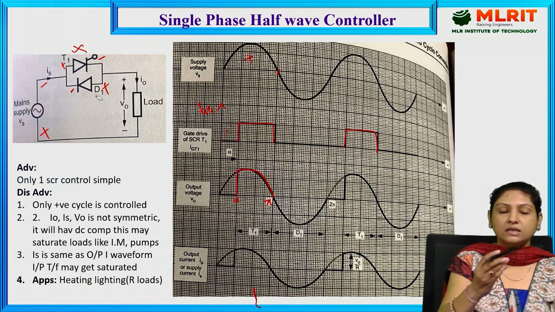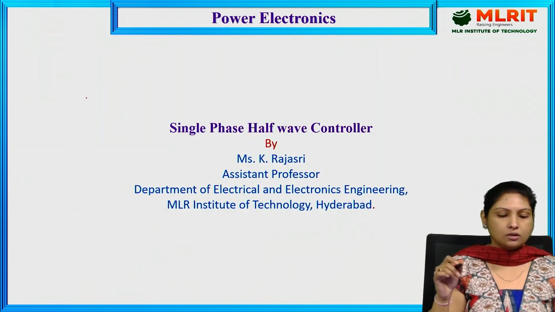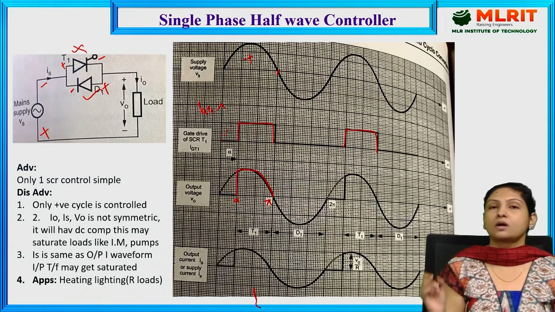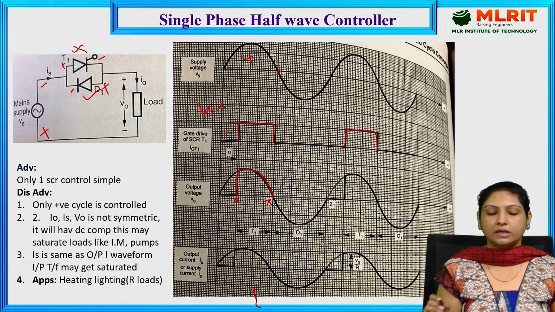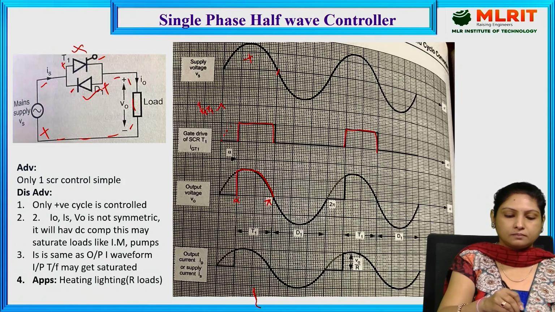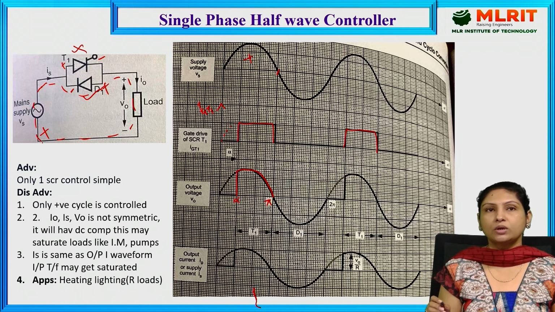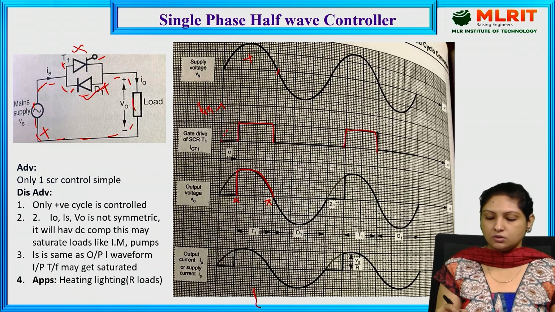That is the reason D1 is turned on, and that is how it conducts current through the load. So during the negative half cycle, only diode 1 will be conducting current through the load, whereas T1 remains turned off. So at this instant called pi, our diode starts conduction.